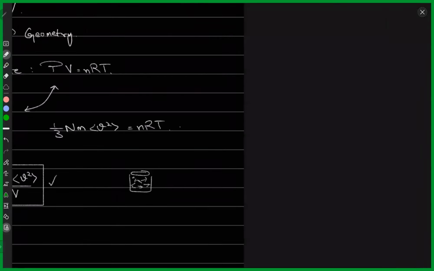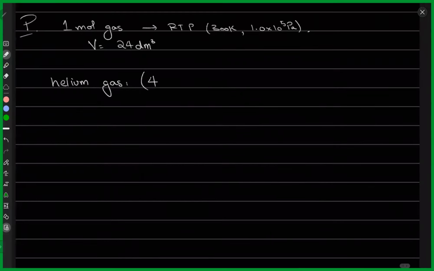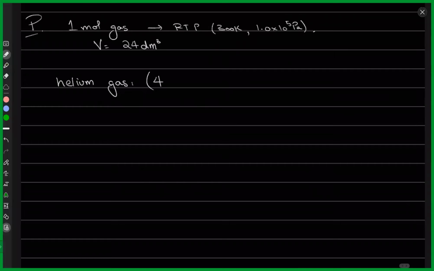The next thing we started off was with a problem. I'll restate the problem so we can solve that. The problem is something like you have a room temperature, which is 300 kelvins, and room pressure, you have 1.0 times 10 raised to power 5 pascals.